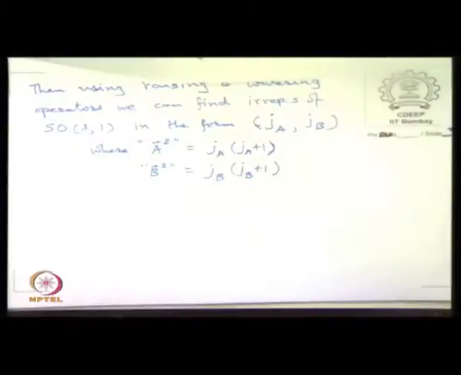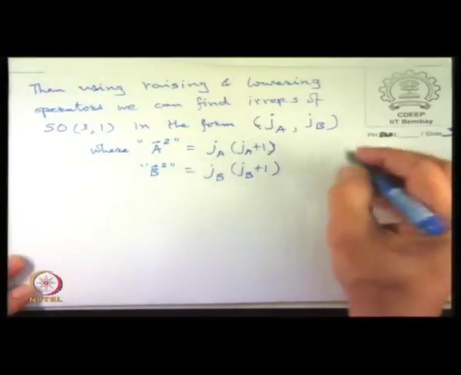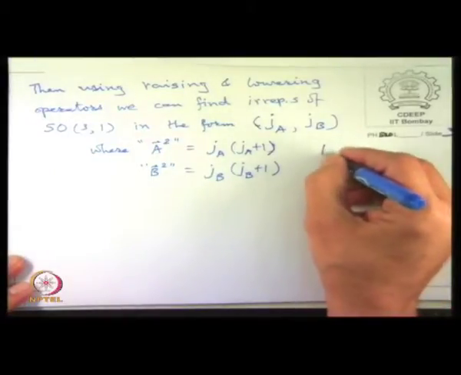So this raising lowering trick will work, and you can apply the same arguments and you will find representations that go from minus J to plus J.